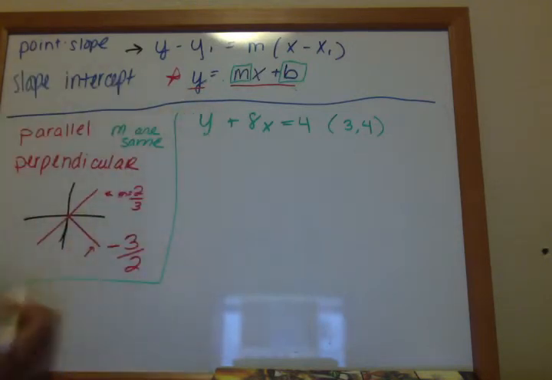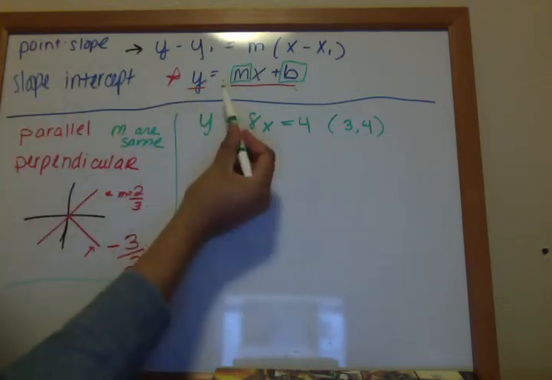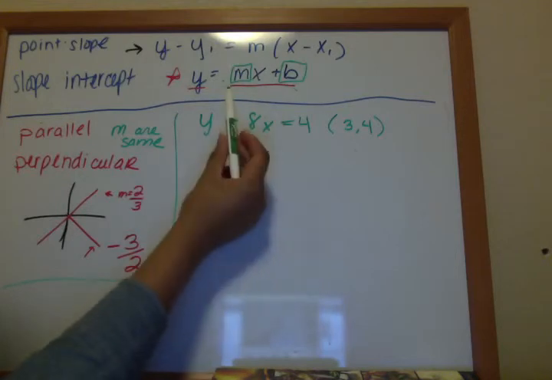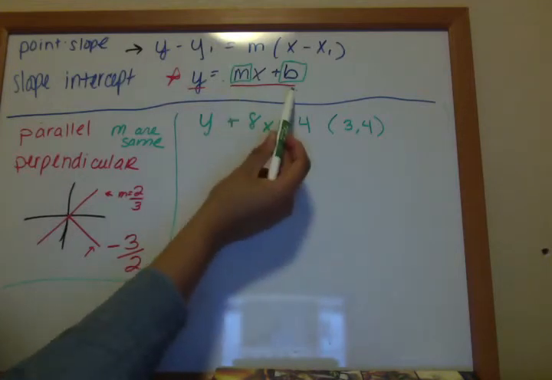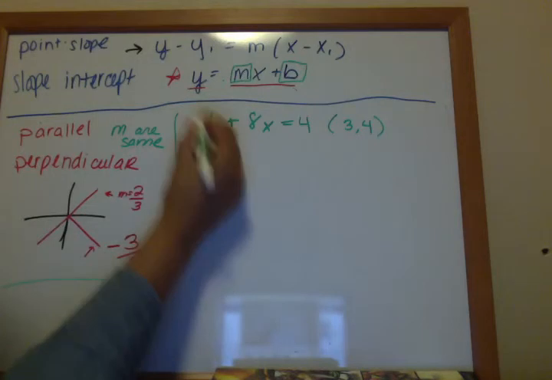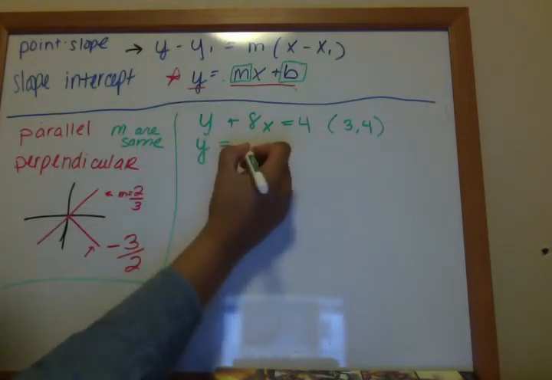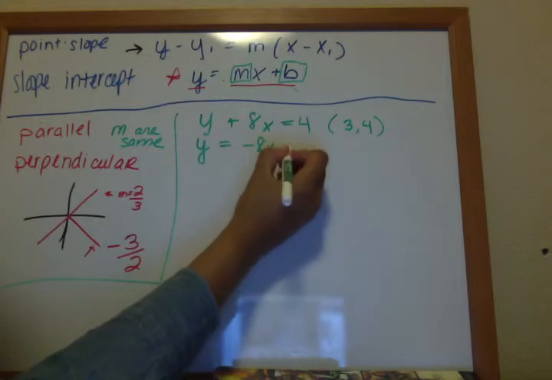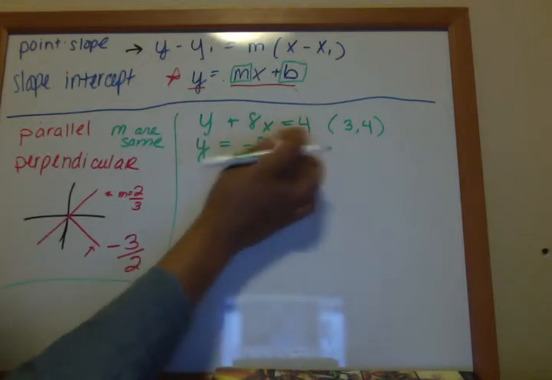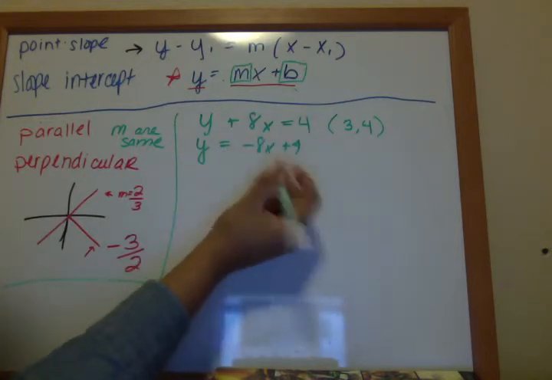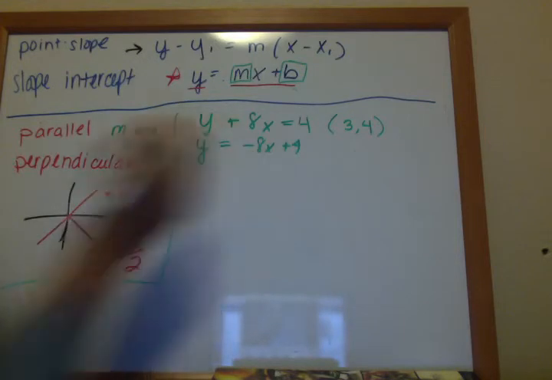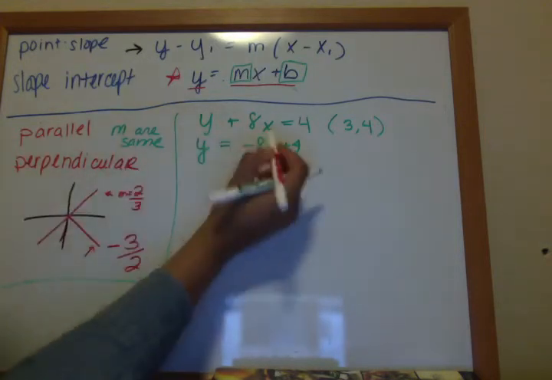So for this equation, how do we find the slope? We have to put it in this form so we can clearly identify what the slope is. So to solve for y, we get y equals negative 8x plus 4. Just move this 8x to the other side.